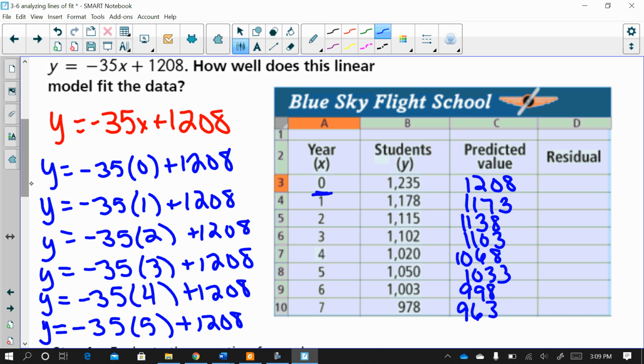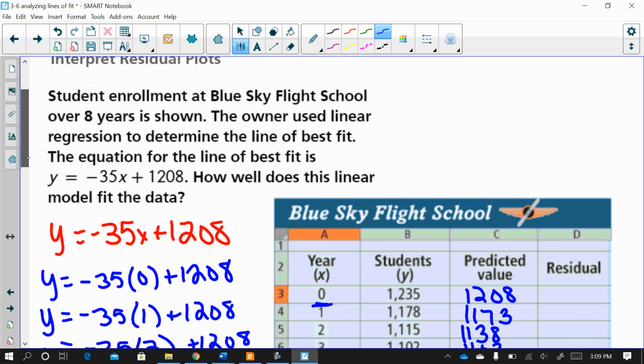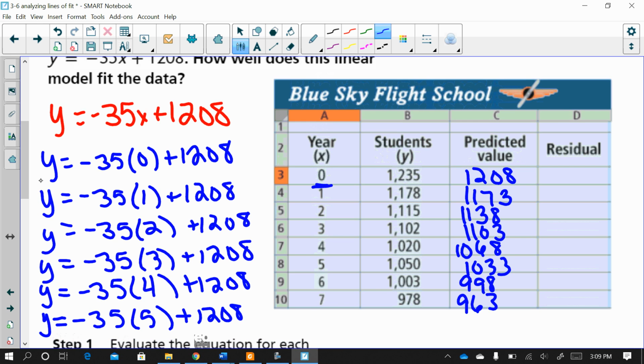To find our residual, we do the actual y value minus our predicted. So I'm going to take this column, my y's, minus the predicted. That's how we get the residuals.